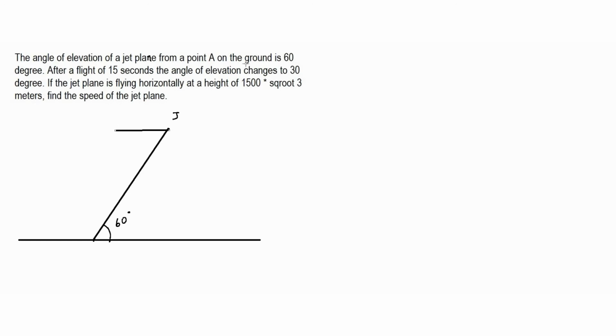Initially, the angle of elevation was 60 degrees and now the angle of elevation is 30 degrees. That means this particular plane has to move towards the right. Only in this case, the angle of elevation is going to decrease. So now the angle of elevation was found to be 30 degrees. That is, this particular angle is 30 degrees.